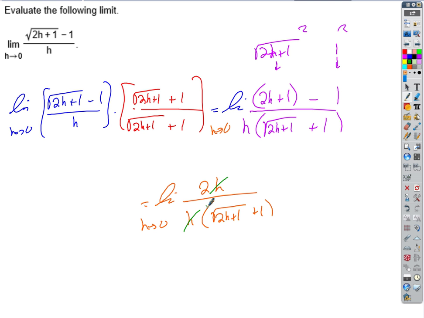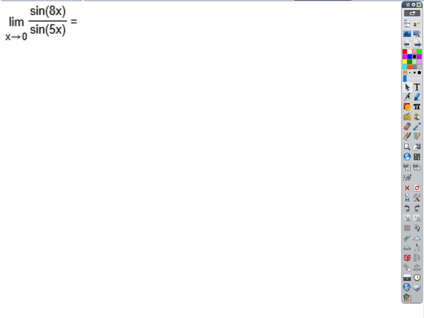And just evaluate the limit. So as h goes to 0, now what do we get? Well, at the top we're getting 2, since the h is canceled. On the bottom, this is going to be square root of 2 times 0 plus 1. So square root of 1 is 1, plus 1 is 2. Everybody see that? So we just get 1. Okay? How about this?